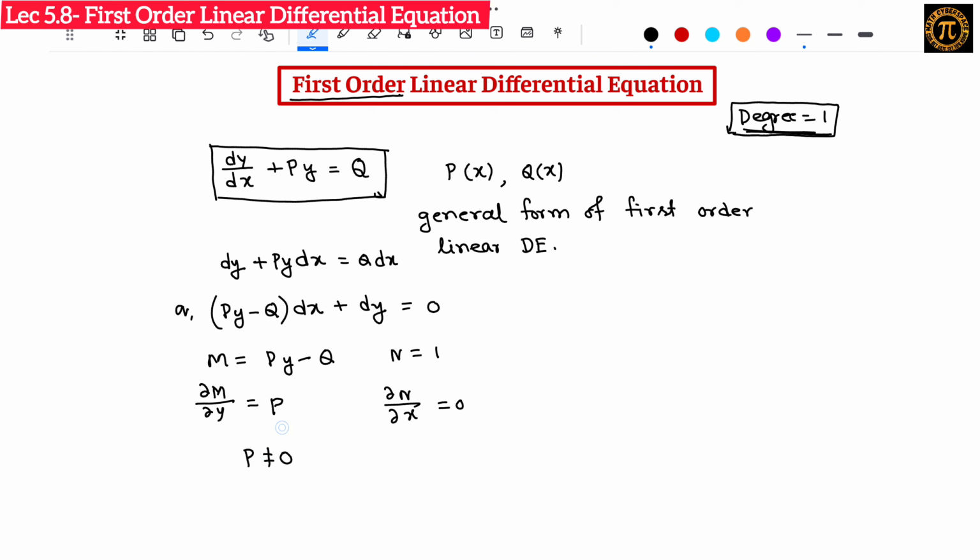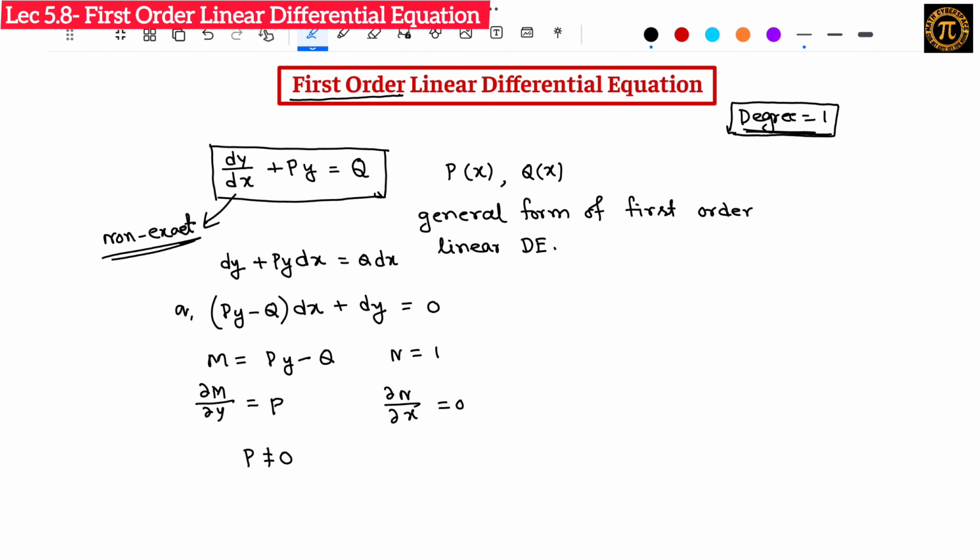That's why in general this general form is a non-exact equation. Clear? So obviously, if this equation is non-exact, there must exist an integrating factor.